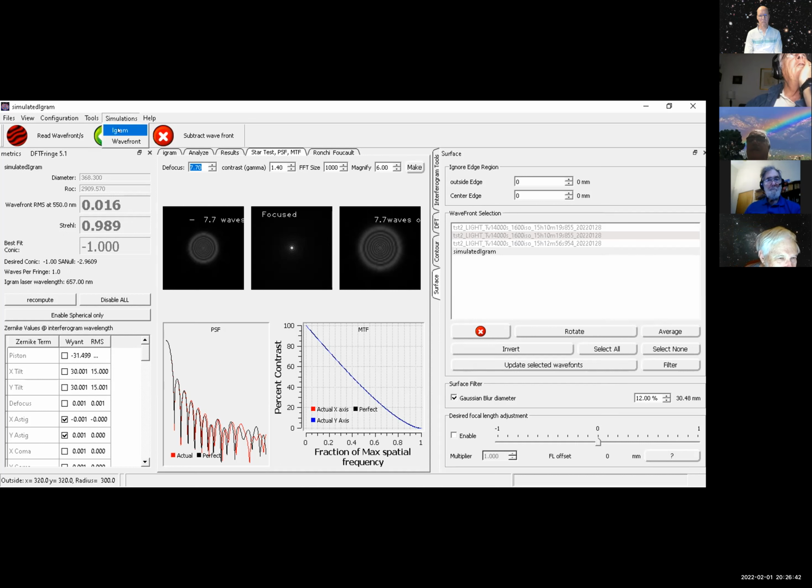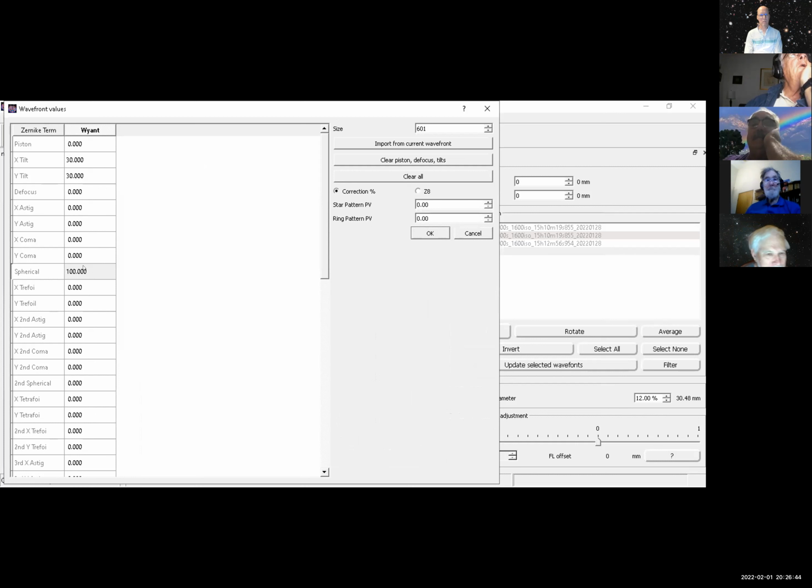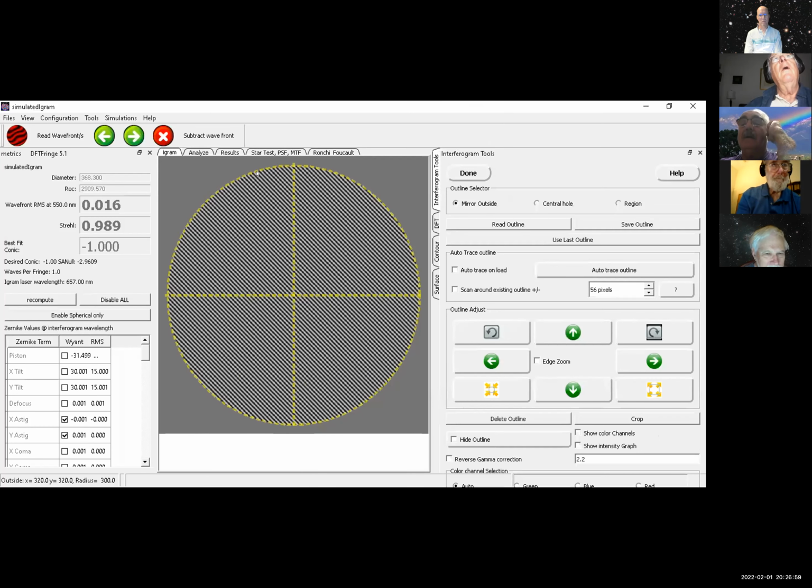Why don't we go for something that's not quite spherical? Let's go for 80% or 60%. What if we do 0% spherical? Oh, 0%. Okay, I can do that. What will that mean? This is a spherical mirror with the interferogram. You notice that it's straight all the way across. Okay.